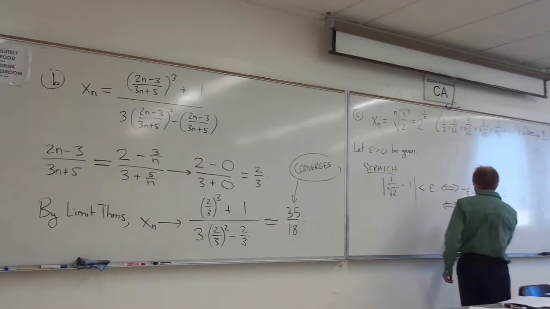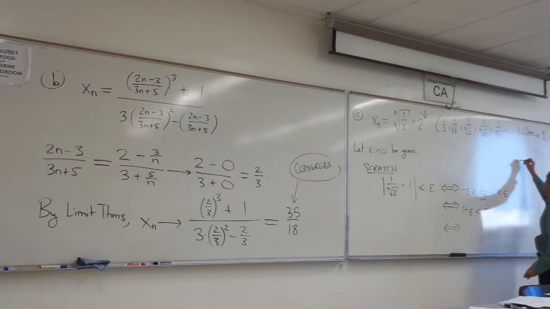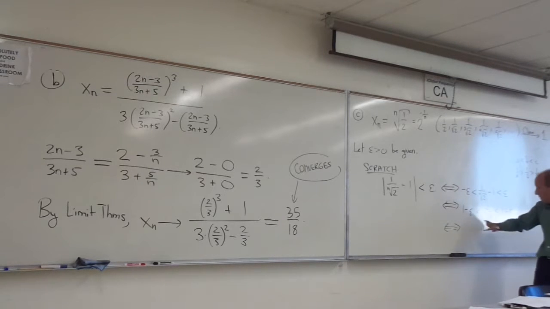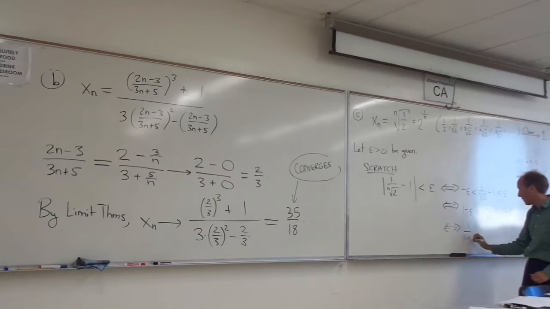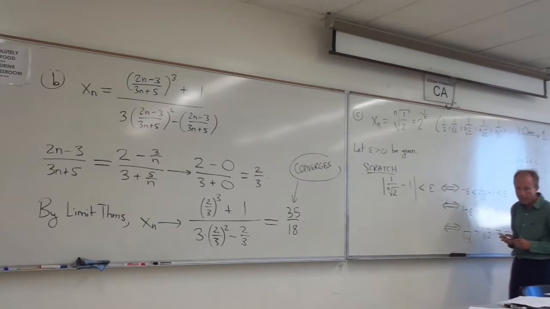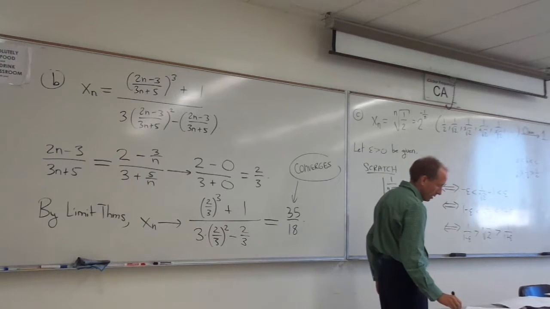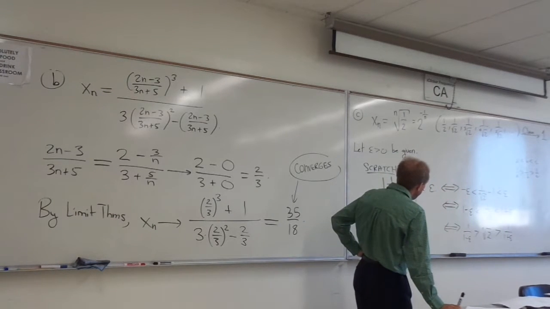So if a is less than b is less than c, then 1 over a becomes greater than 1 over b becomes greater than 1 over c, right? So we'll just flip everything over. 1 over 1 minus epsilon greater than nth root of 2 greater than 1 over 1 plus epsilon. So that would be one way to try to work with it.